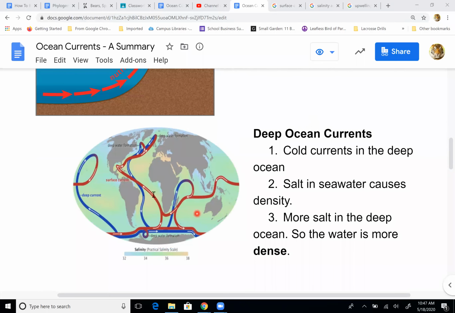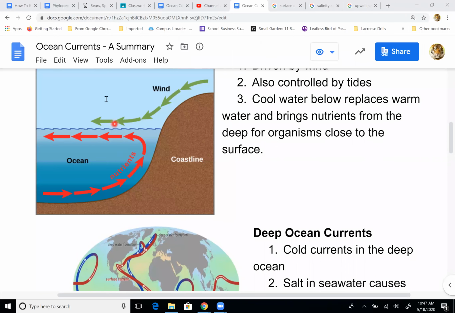Deep ocean currents also travel the globe, and they're very deep in the ocean, basically like freeways for water underwater. The reason they're deep is because seawater has salt in it, and the deeper you go in the ocean, the saltier it gets. So deep ocean currents do the same thing as surface currents.